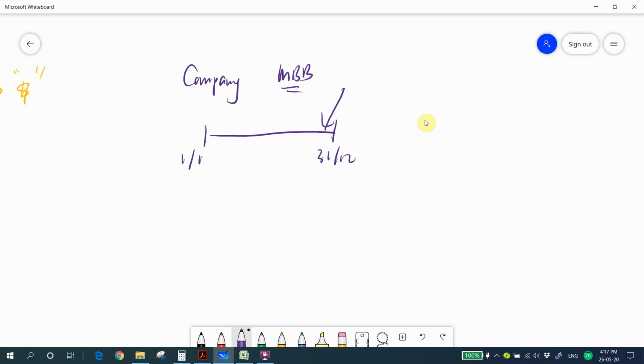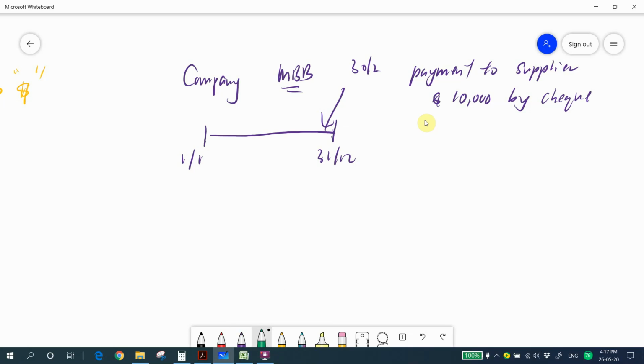So on 30th December, you make a payment to your supplier, for example, 10,000 by check. When you make payment to your supplier, of course you will record it in your accounting system. So in your GL, you will show a credit to bank of 10,000.